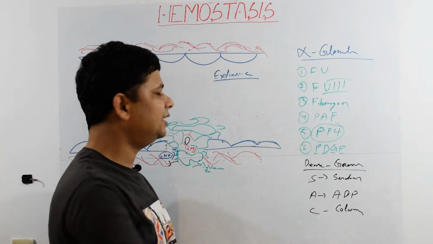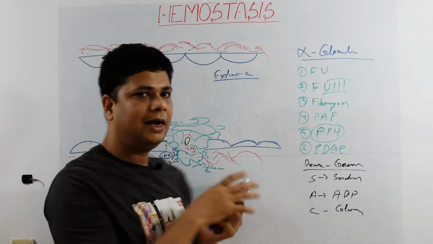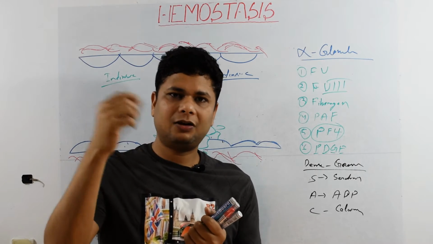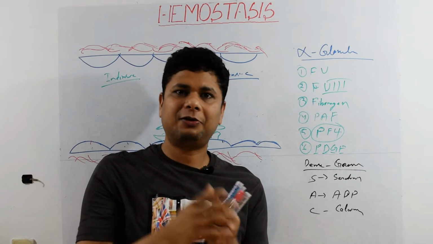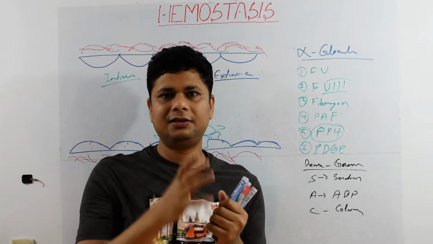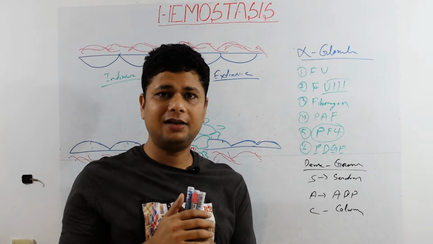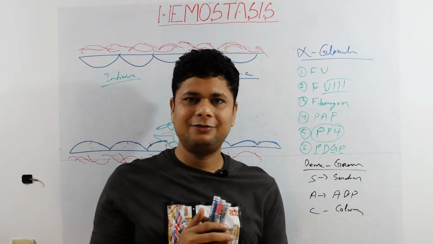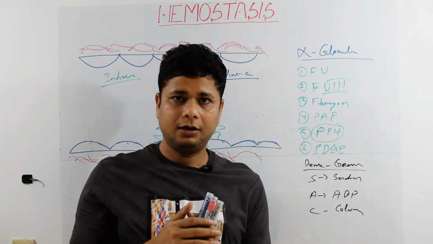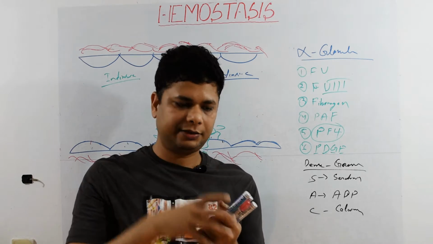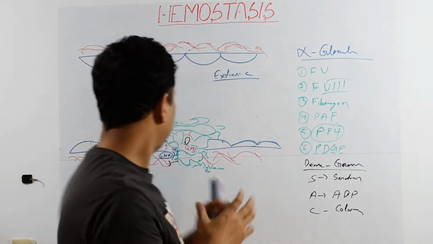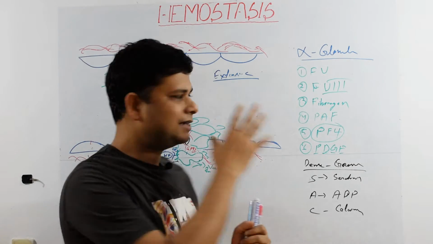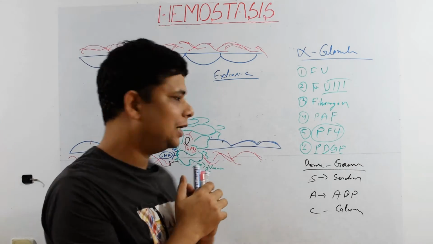That is why they named this the extrinsic factor. And in some cases, when they take out the blood and put it in a glass tube, they found that the blood is clotting. So they thought that maybe there are some intrinsic factors which are helping the blood clot. That is why they named it the intrinsic pathway. So that is how the extrinsic and intrinsic pathways began.